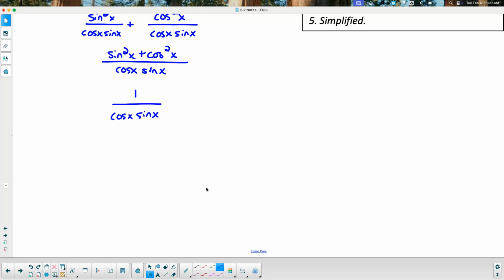Right? Which is... that's correct. Which is secant, cosecant.